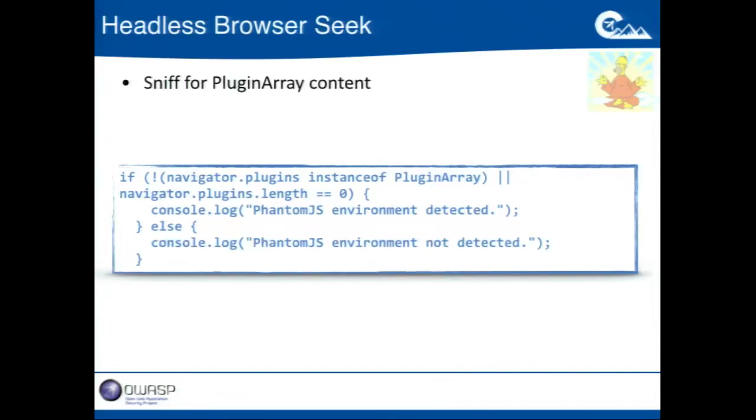And PhantomJS shouldn't have any because there's no default way to provide PhantomJS with plugin handlers. So why wouldn't I check through the JavaScript API what the plugin array looks like? And if it's empty, then probably it's PhantomJS. There are not too many people who are disabling all the plugins in their browsers. So that's a pretty good indicator. What are you going to do?